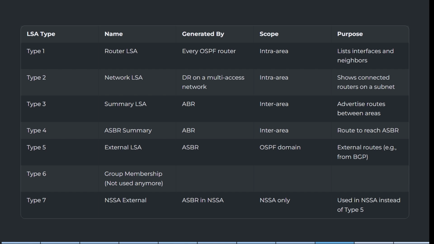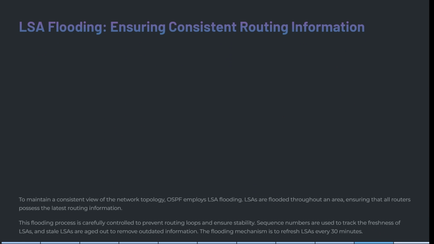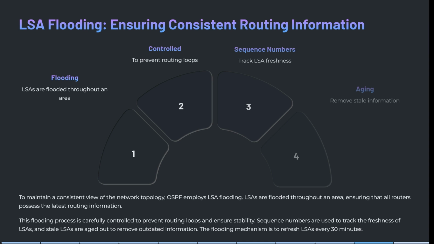Type 4, ASBR Summary, ABR, inter-area, route to reach the ASBR. Type 5, External LSA, ASBR, OSPF domain, external routes, for example from BGP. Type 6, group membership, not used anymore. Type 7, NSSA External, ASBR in NSSA, NSSA only, used in NSSA instead of Type 5.